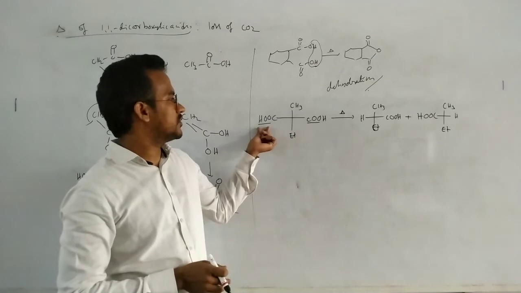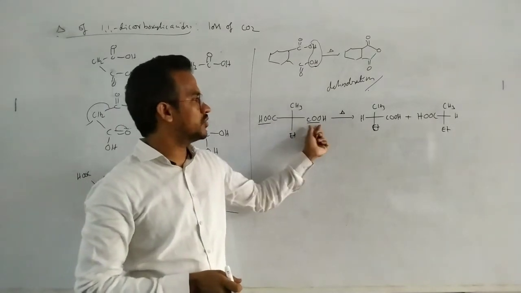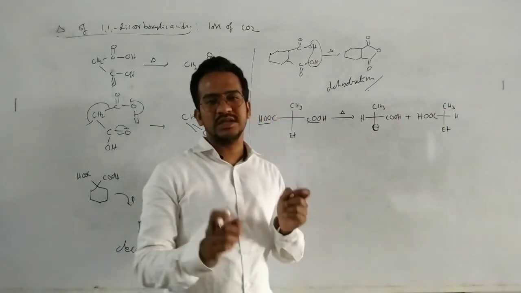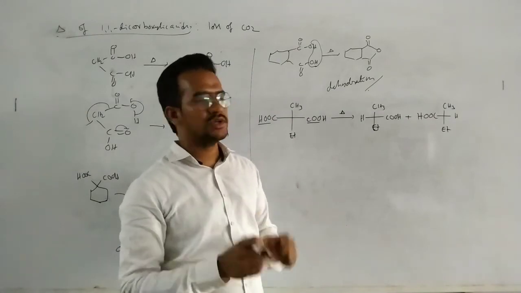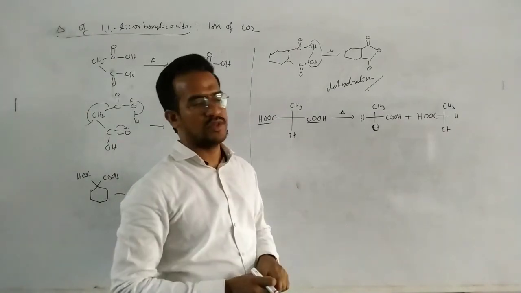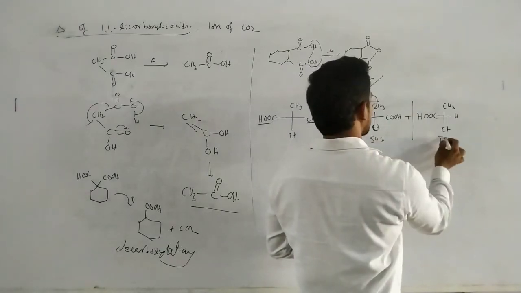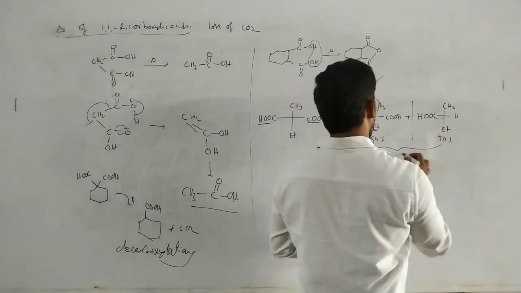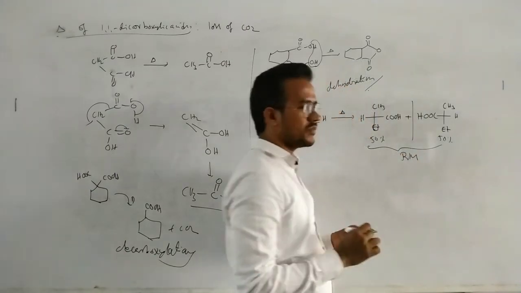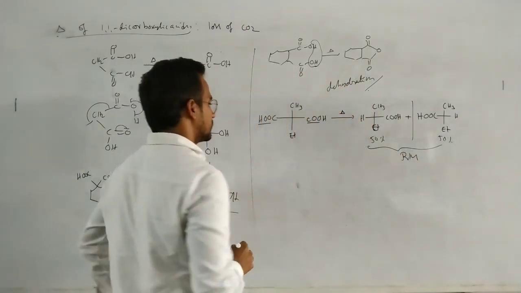If it is removed, here a hydrogen. If it is removed, here a hydrogen. That means there is an equal chance for the removal of CO2 from either COOH. That means both are enantiomers. 50% of this one and 50% of this one will give the racemic mixture. Okay, racemic mixture of the product.